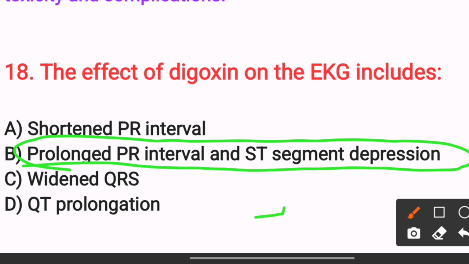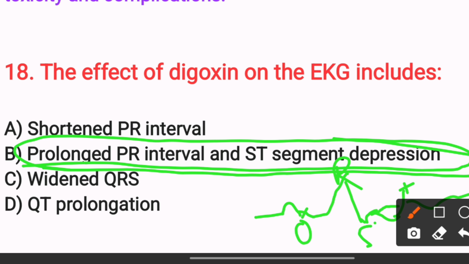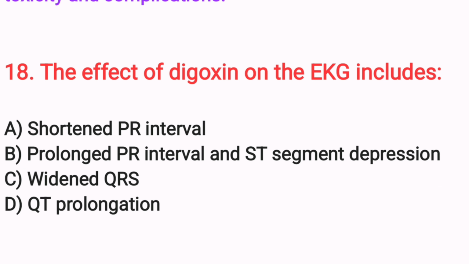Prolonged PR interval, like P and Q, then R should be like that. R is, T, ST should be depressed like that only. Prolonged PR interval and ST segment depression.